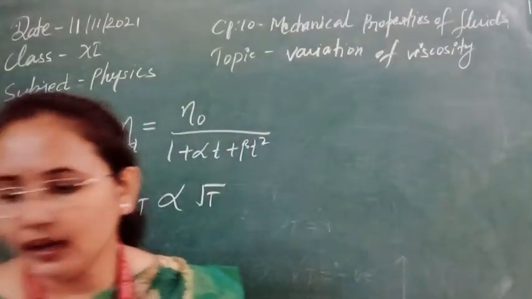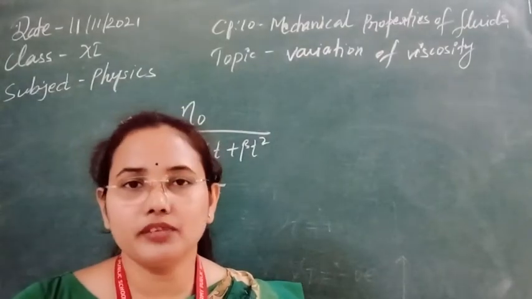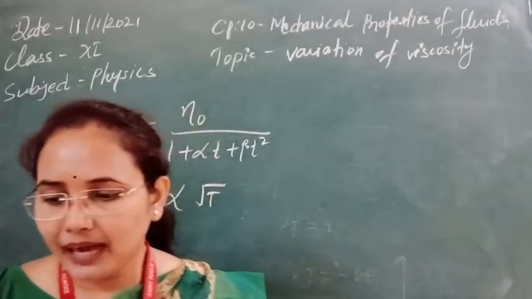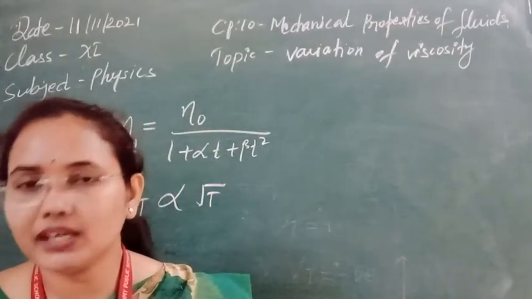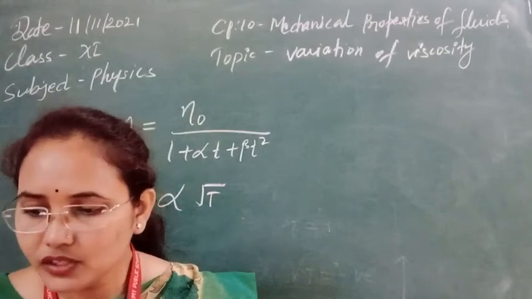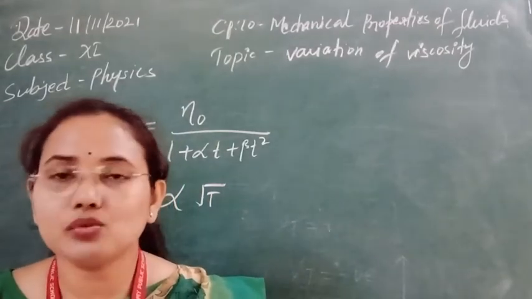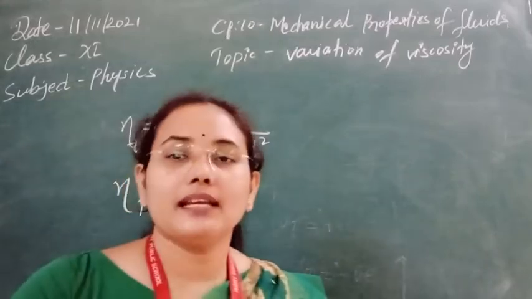After this, let's see what the practical use of the knowledge of viscosity is. We can understand the practical use by the following factors. The first one: knowledge of viscosity and its variation with temperature helps us select suitable lubricants for given machines.